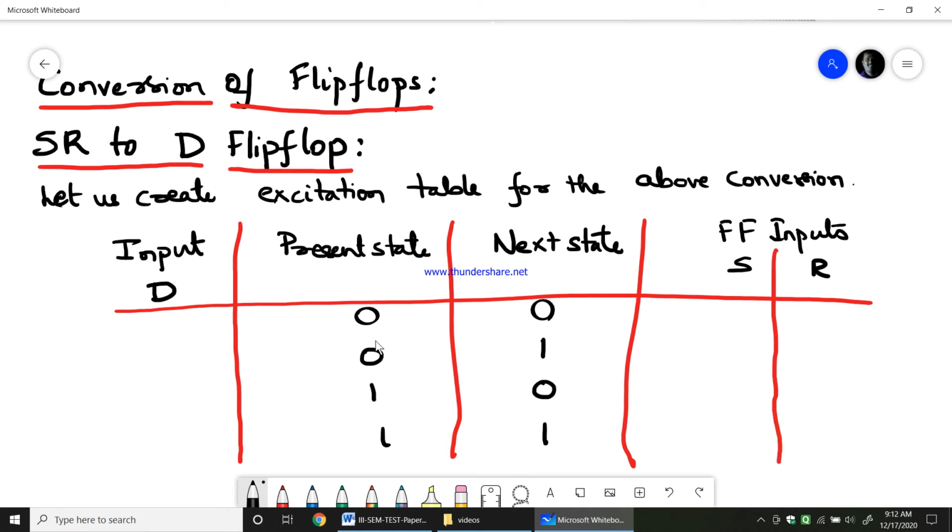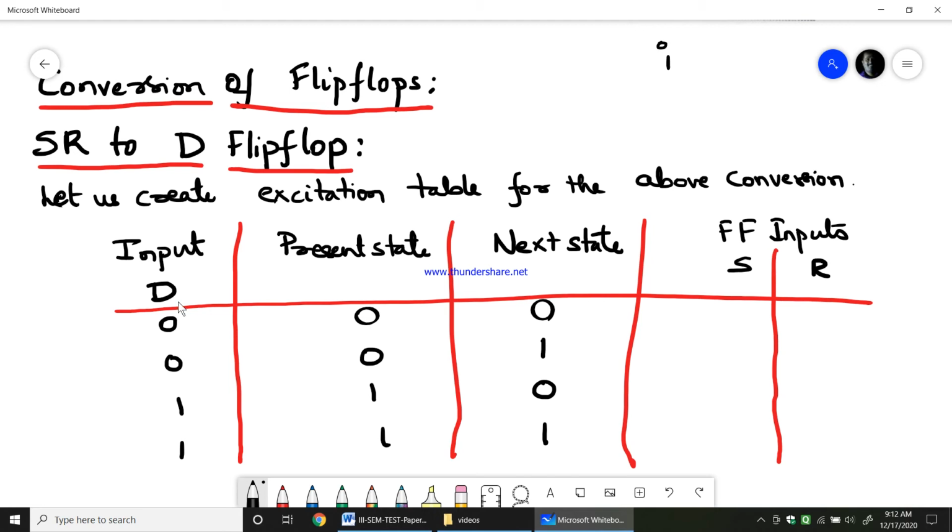Now my job is to know the possible inputs of D. D can have only 2 values, 0 and 1, right? So I will put what happens when 0 0 1 1. Now we know in an excitation table, you should go back to the excitation table to write the flip-flop SR. Even for D inputs you should look into the excitation table. For 0 0, D is 0.